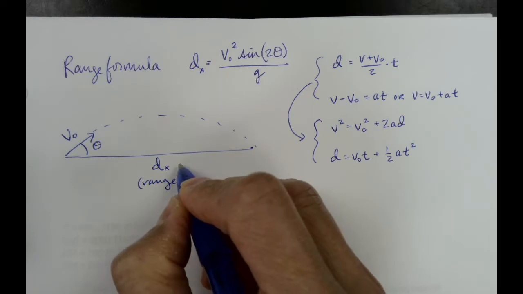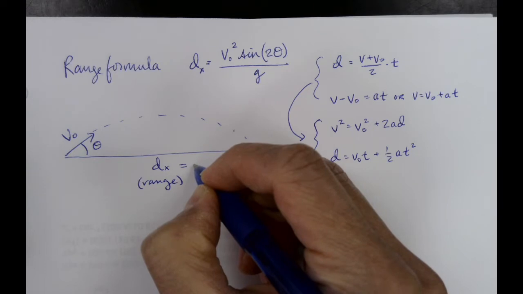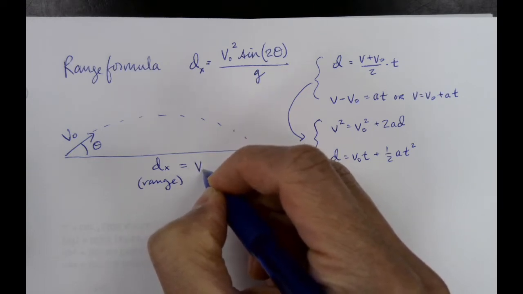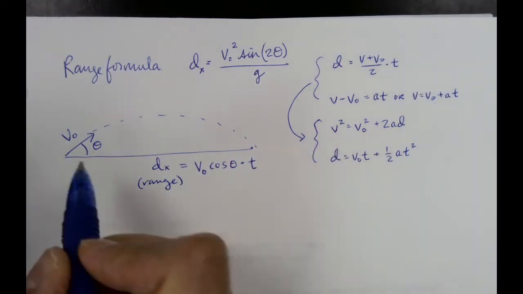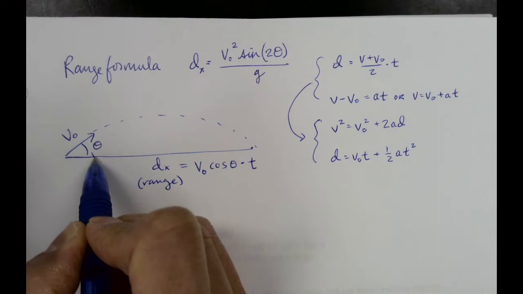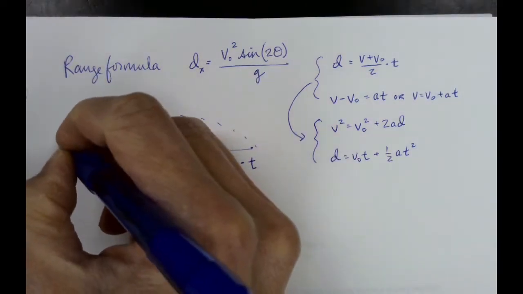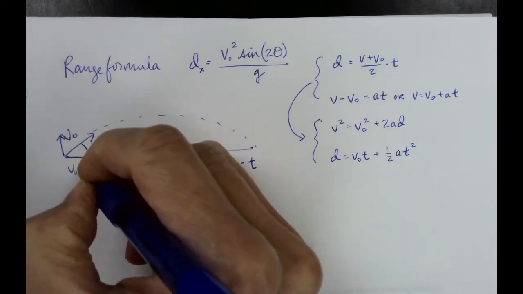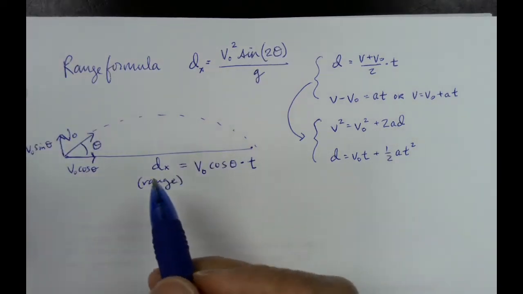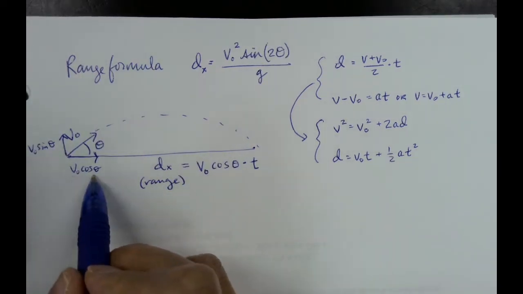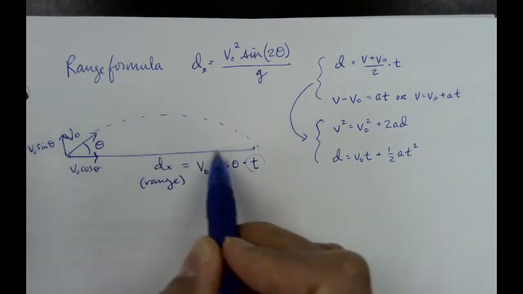So remember, by definition, this is the cosine value of v naught times time. So this horizontal component of our velocity, and I'll draw in our sine component as well. So there's v naught cosine theta and v naught sine theta. So that's my horizontal velocity times time. That's going to be the distance, right? Rate times time is distance.